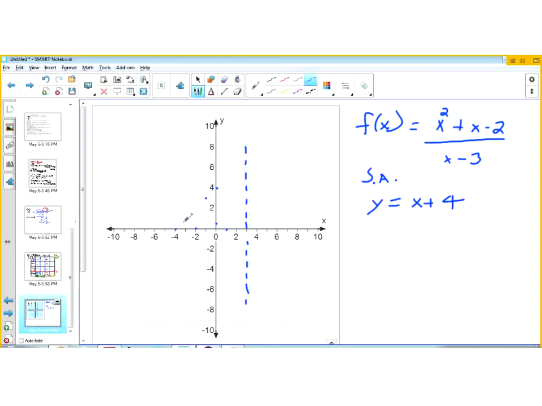And so if x is 0, y is 4. And if x is -4, y is 0. So we just use those 2 points to quickly plot the slant asymptote.